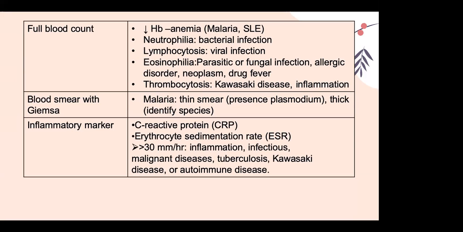And then for thick smear, we want to know is there any plasmodium. I will correct it later. Next, inflammatory markers such as CRP and ESR. We need to do these because we can monitor the disease progression after we start the treatment.